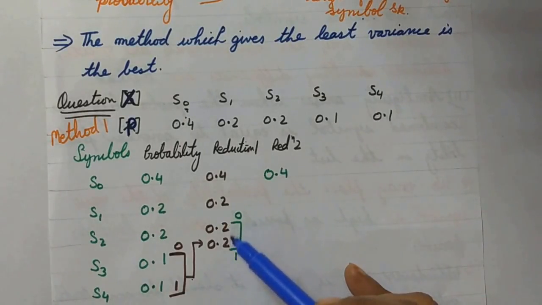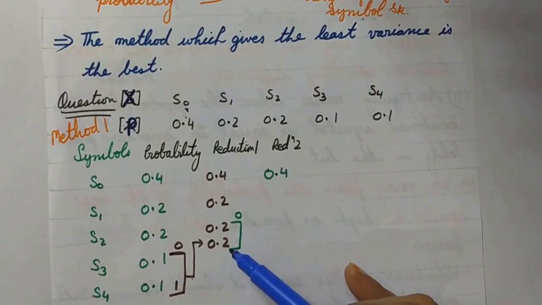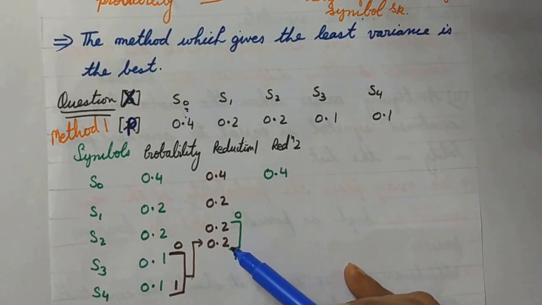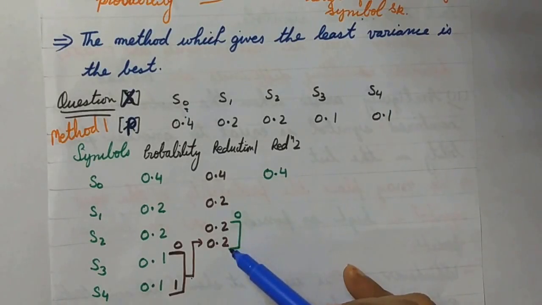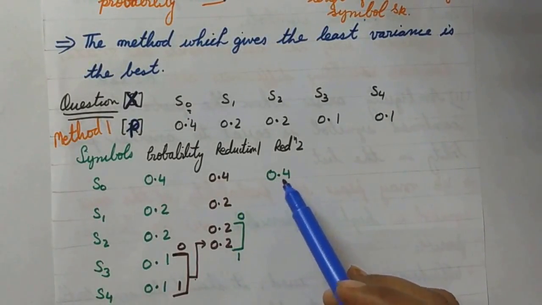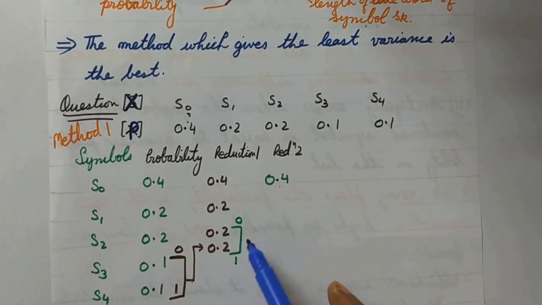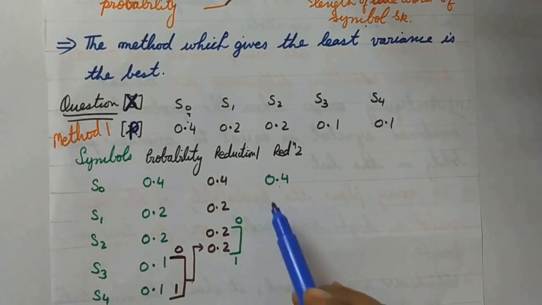Now since I am using method 1, in which I put the sum as low as possible if it has the same value as in the question, the sum is 0.4, and in the question I already have 0.4. So I will not disturb the position of this 0.4. I'll just put this new 0.4 below it, as low as possible.